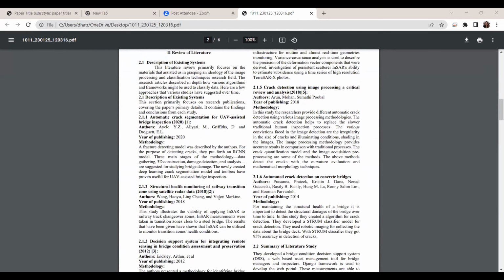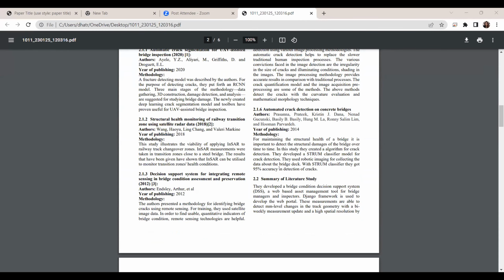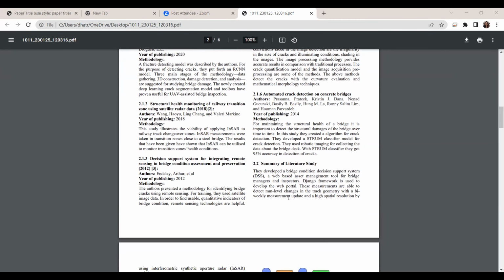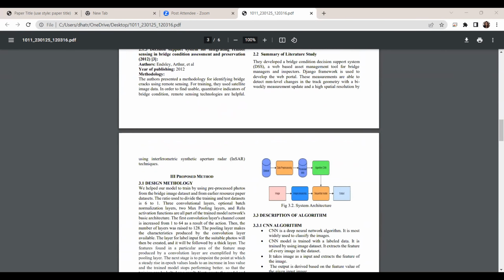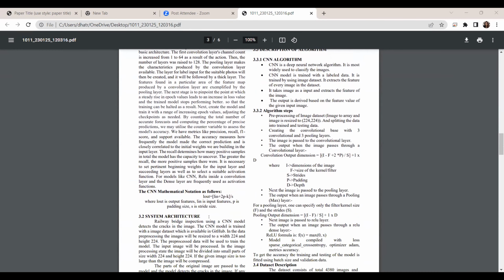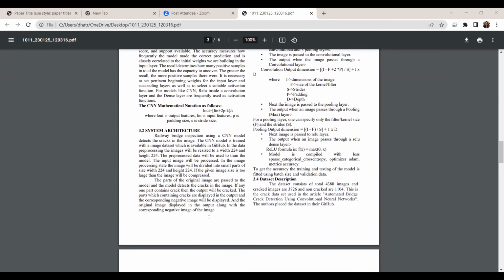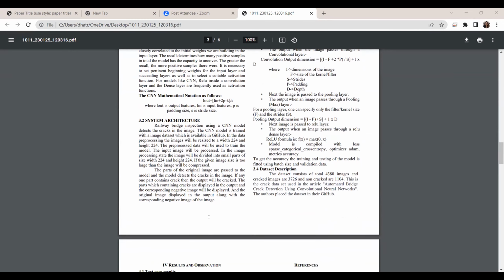In previous years, there were many works on this project, and the summary is they made a web-based asset management tool for railway inspectors. In the algorithm, we have used CNN with 3 convolution layers and 3 pooling layers, and used the ReLU activation function in the layers.